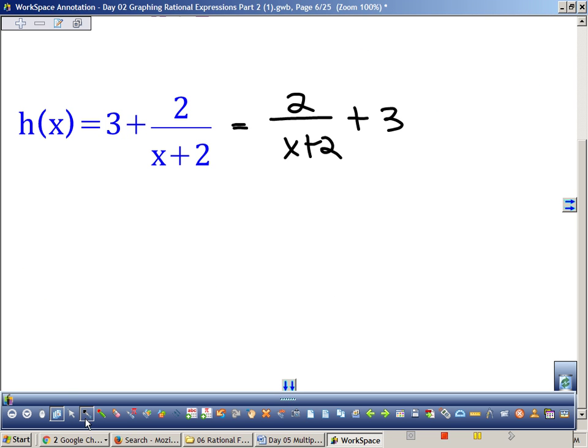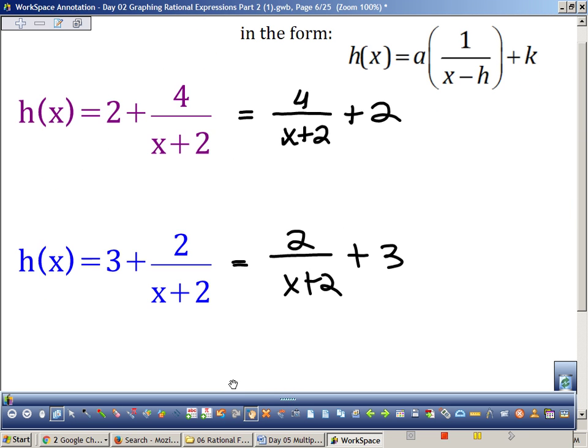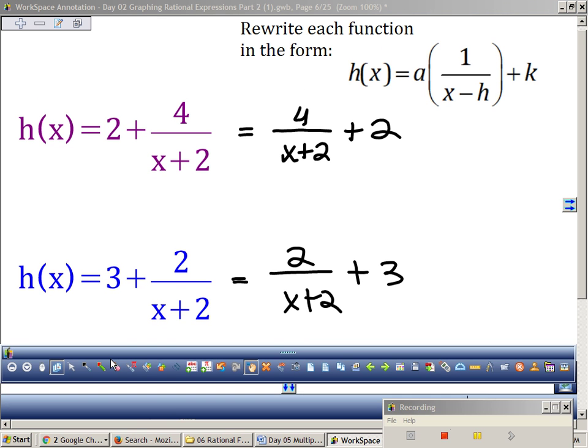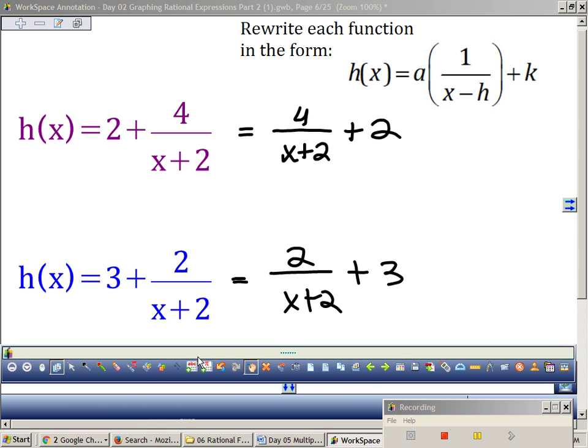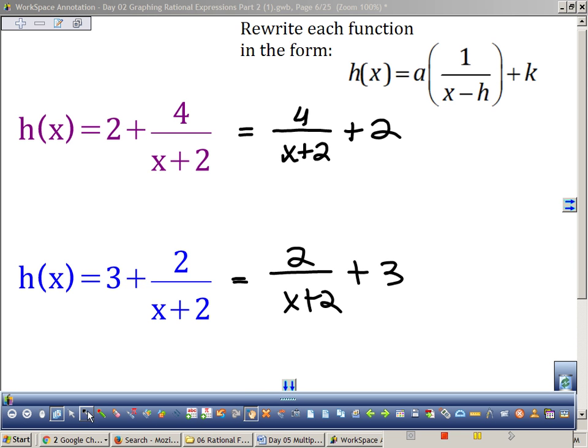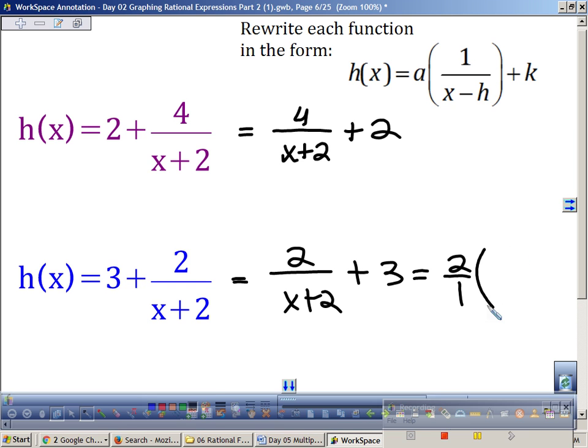Because my scale factor, if I were to put it in this form right here, I have a scale factor that needs to be pulled out. The 2, exactly. Let's just rewrite it here. So if I were to pull the 2 out, it's like saying 2 over 1, and then we're going to add the 3.